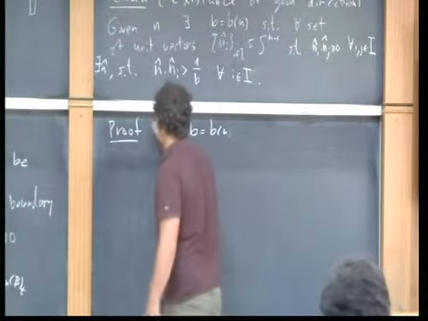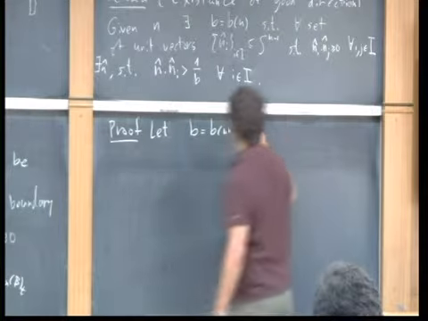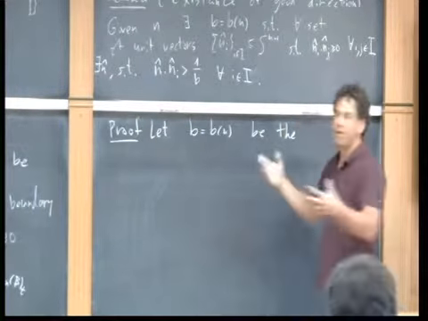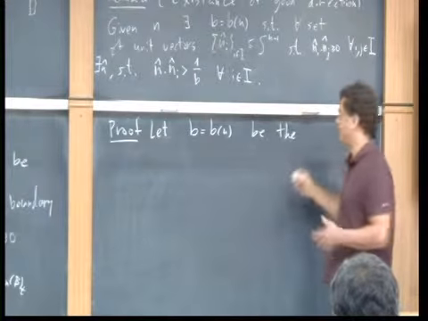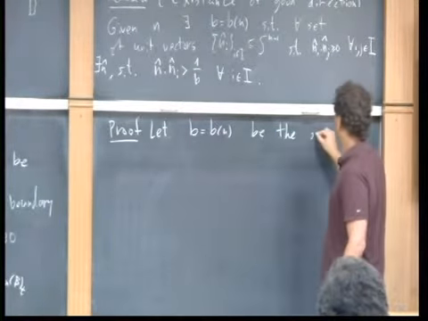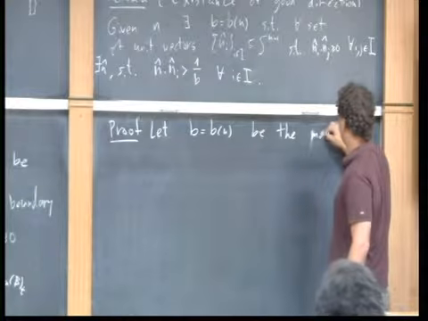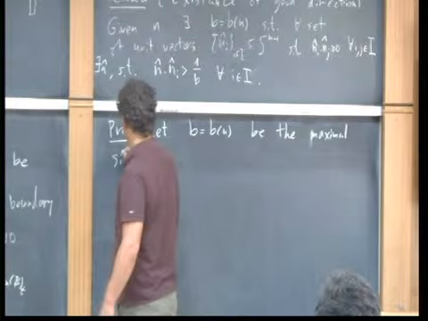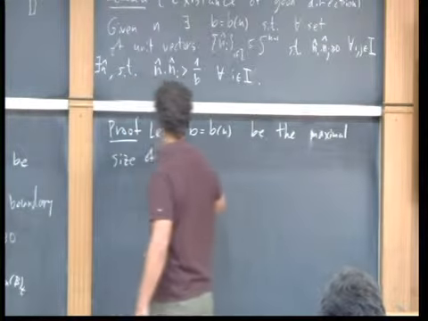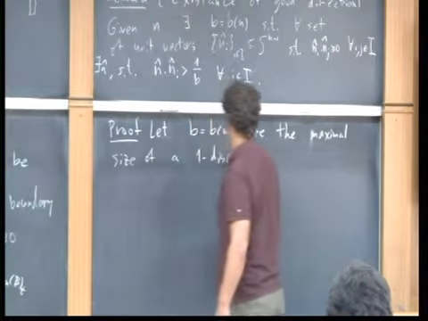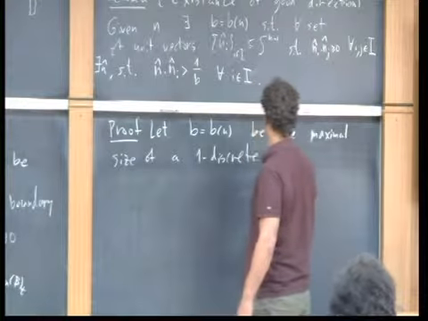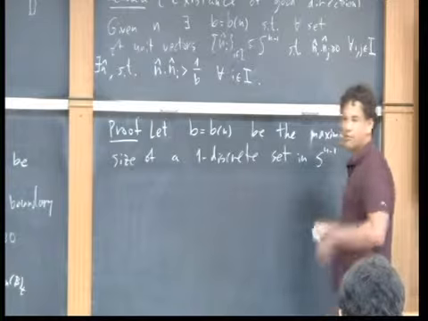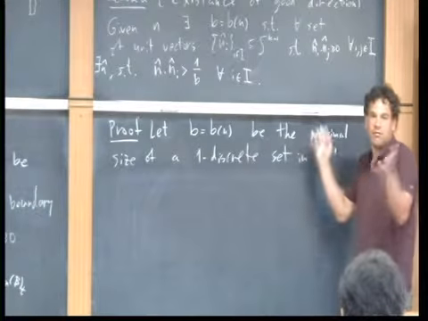Let b be, if you want, the entropy of the sphere. What does it mean? The maximal size of a one-discrete set in S^(n-1). This is a compact set, and there is some b.